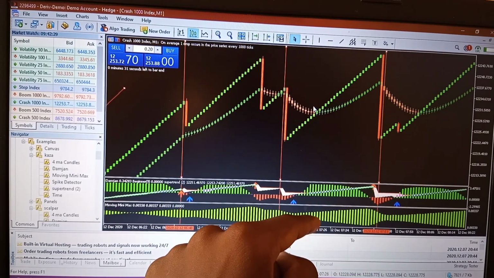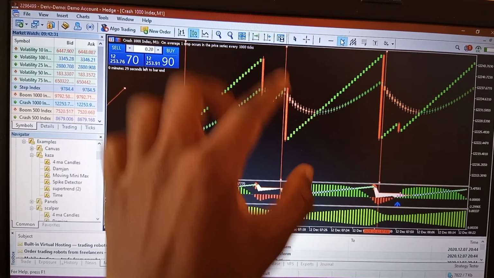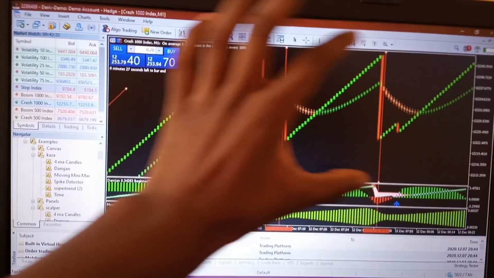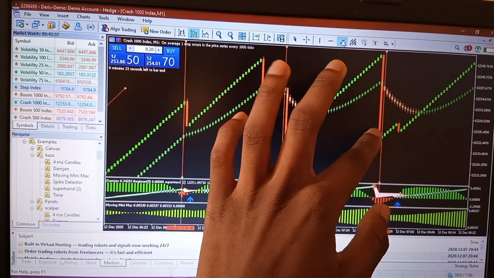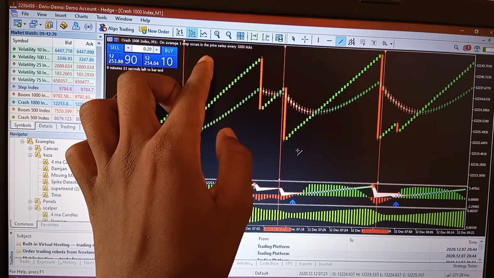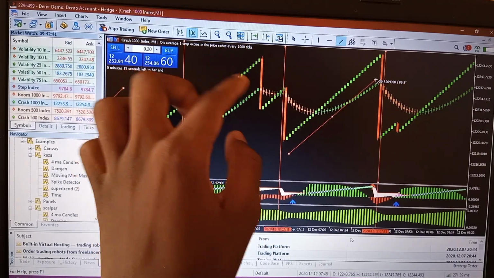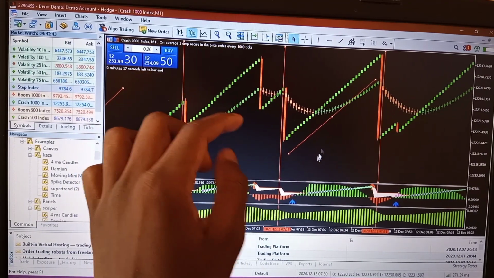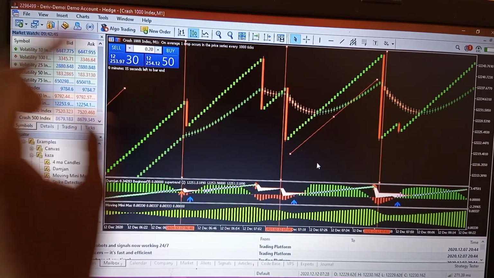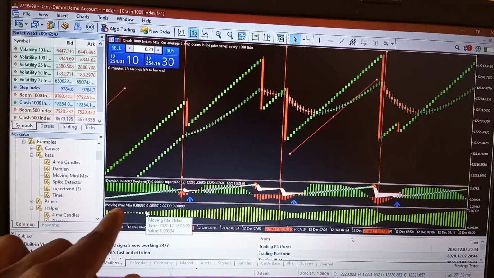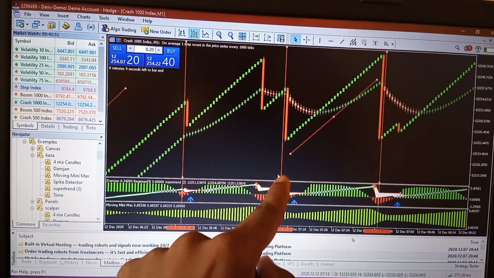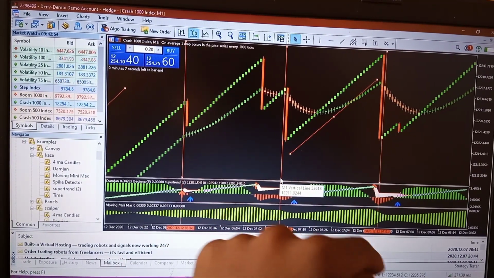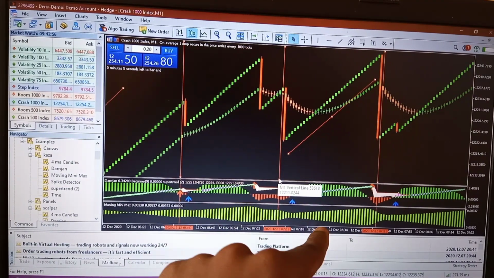Focus on this part here. You can see it crashed here and here twice, and this is an uptrend here. Focus on the moving minimax, which is down here. Let's focus from this point to this point and see what has been happening to the moving minimax.